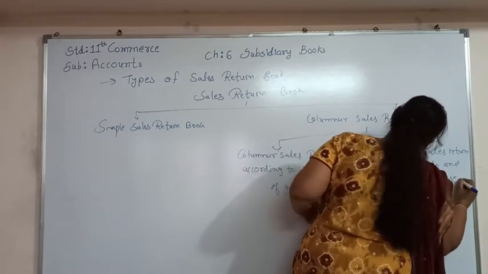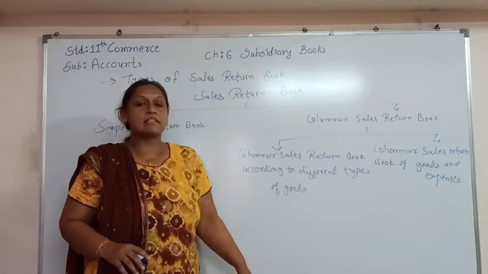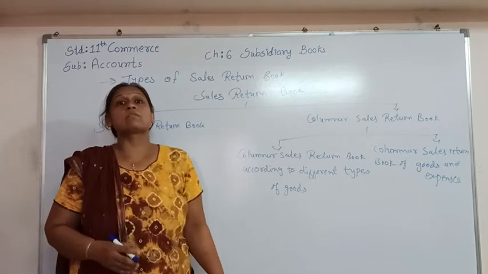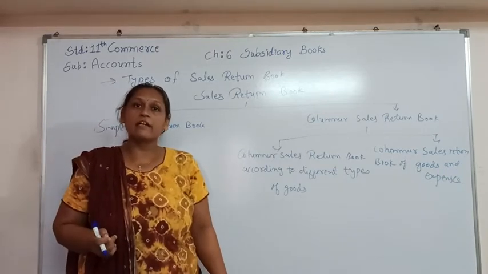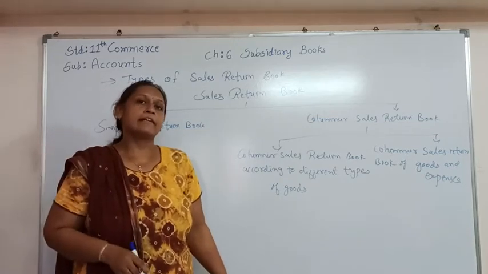So these are the types of sales return book. You may note this down. Then, at the time of preparing the sales return book, we are going to prepare a column for the credit note, and the specimen of the credit note we are going to see next.